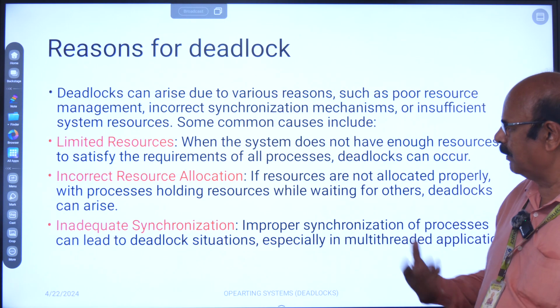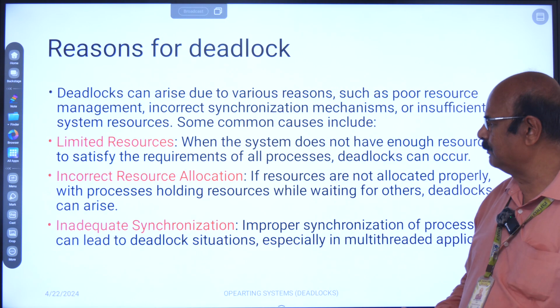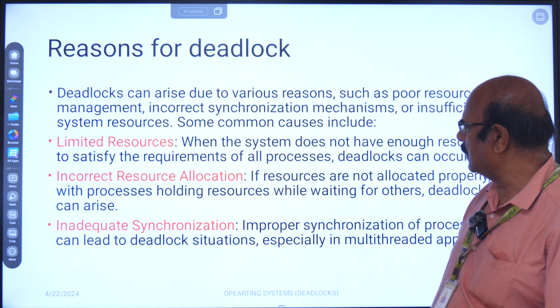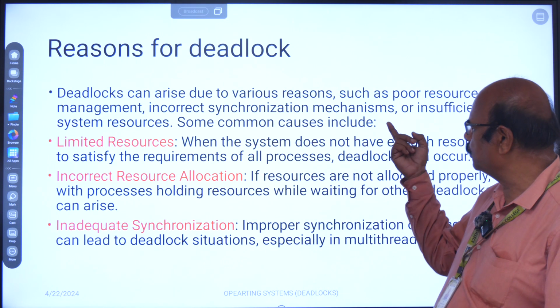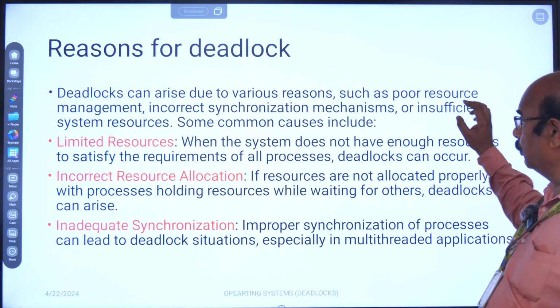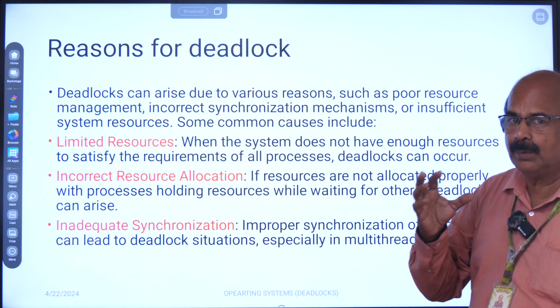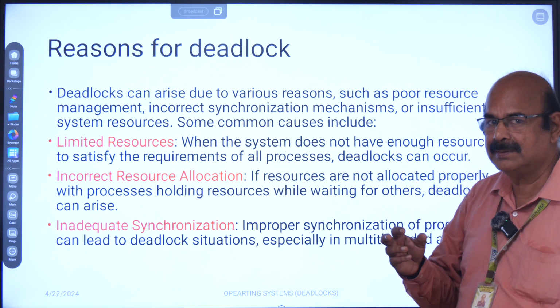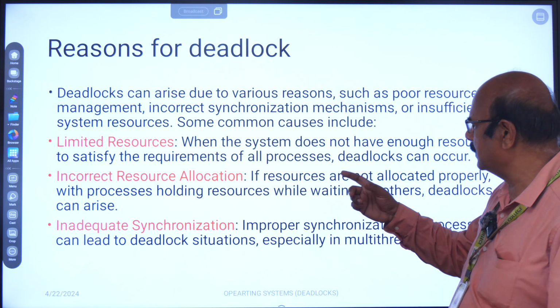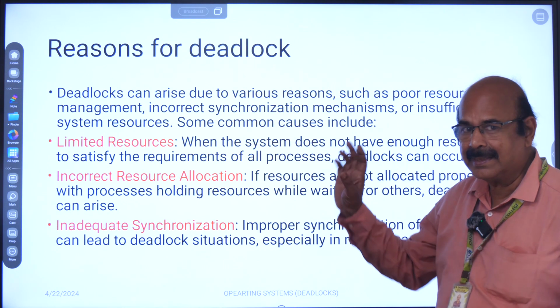Next, the reasons for deadlock. So what will be the reasons for deadlock? Let us see that also. Some common causes arise due to various reasons, such as poor resource management. Whenever the resources of the operating system are not managed properly, that will be a reason. Another one is incorrect synchronization.